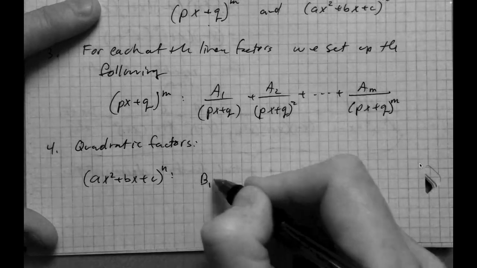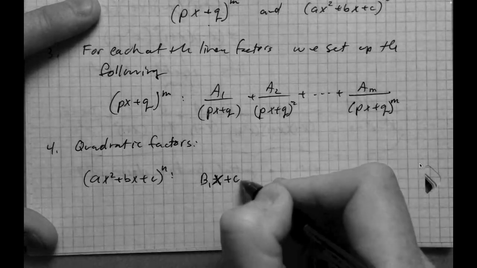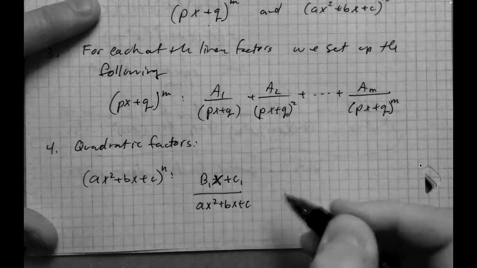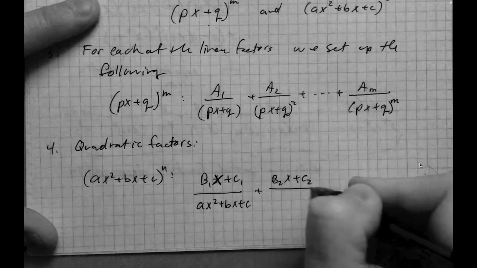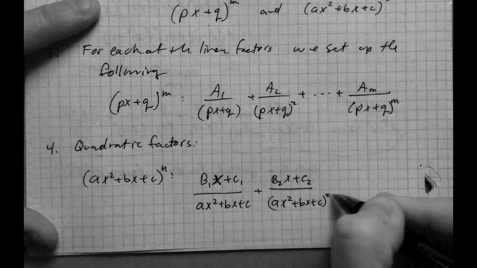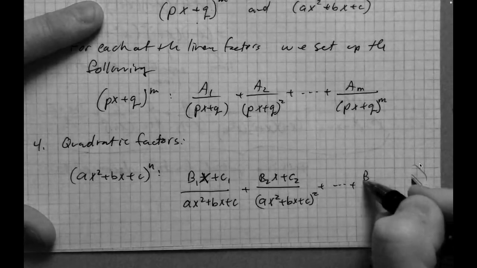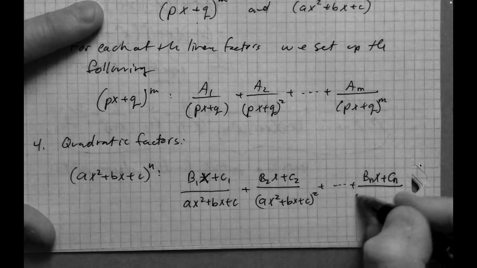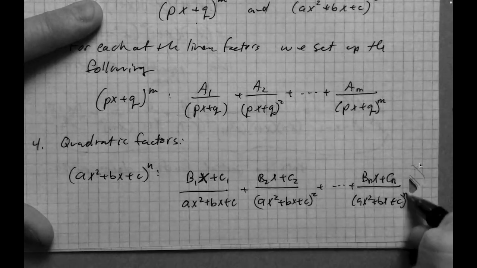It'll be b1x plus c1 over ax squared plus bx plus c, plus b2x plus c2 over ax squared plus bx plus c squared, plus, and then you can imagine, dot dot dot up to bn x plus cn over ax squared plus bx plus c to the nth power.